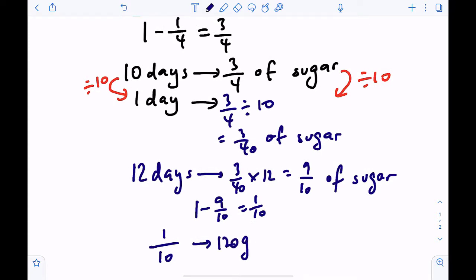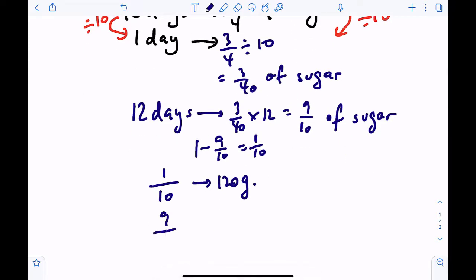120 grams. Okay, so we jump to 9 out of 10 so that we can know in 12 days how much sugar she used. 120 times 9 is 1,080 grams.